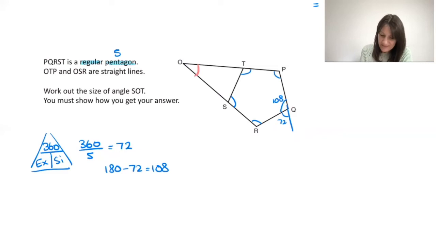Now, this is really straightforward, not as hard as it looks, because I have got this interior and then I've got an exterior or an angle on a straight line, making that 180. So I now know that that is 72 there and 72 there, because the angle's on a straight line.